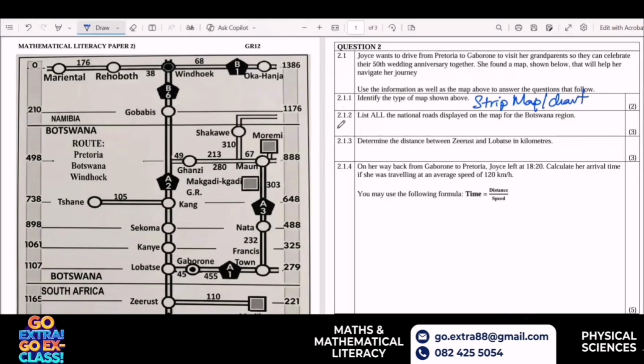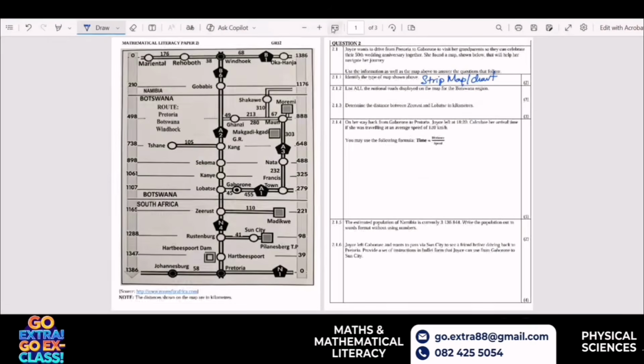Now let's look at the next question. It says 2.1.2: list all the national roads displayed on the map for the Botswana region. So if we look at this map, you can pick up that there are actually 3 countries shown here.